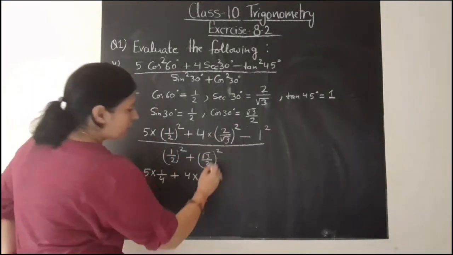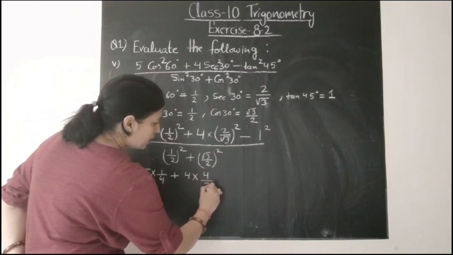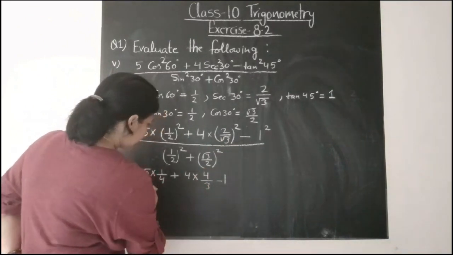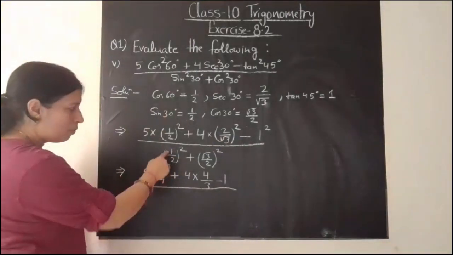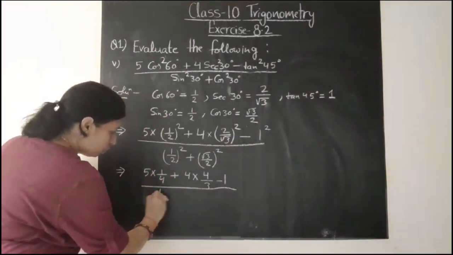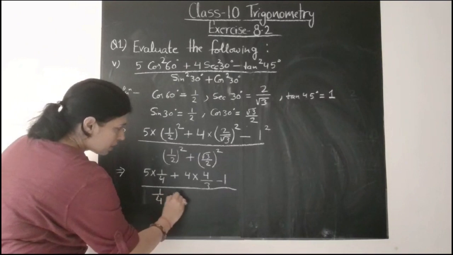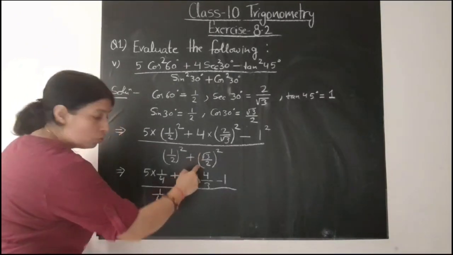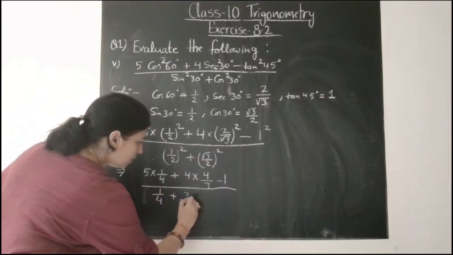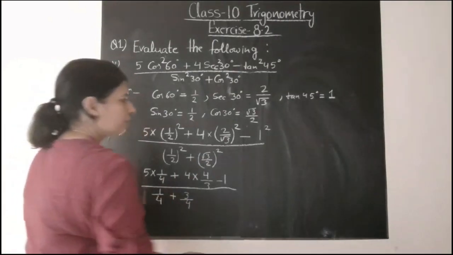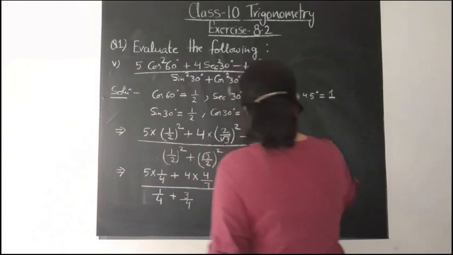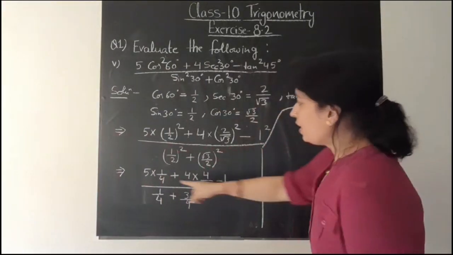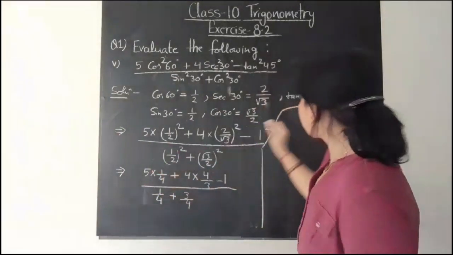Square of this will be 4 divided by 3 minus 1. Right here square of 1 by 2 is equal to 1 by 4 plus square of root 3 by 2 will be 3 by 4. Then after that it will be 5 by 4.